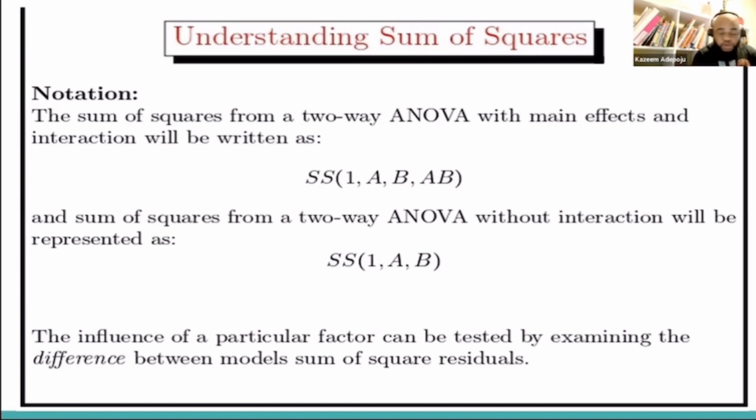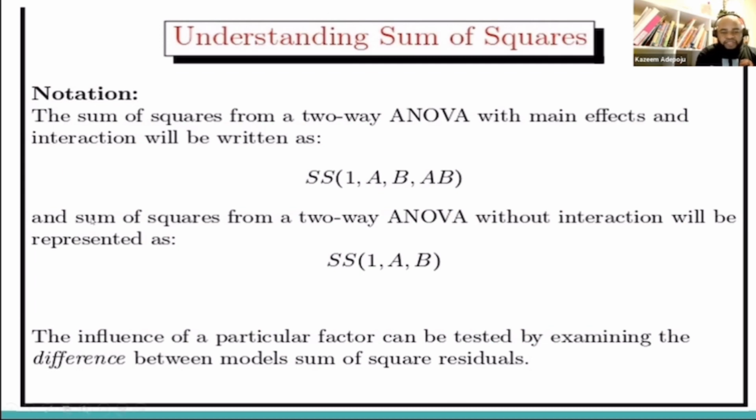But for one-way, there's no problem with either balanced or unbalanced data. With two-way and above, we're going to have a problem with unbalanced data. That is the reason I want you to know which type of sum of squares to use so that you are not misled. But I first want to walk you through how the sum of squares actually works.